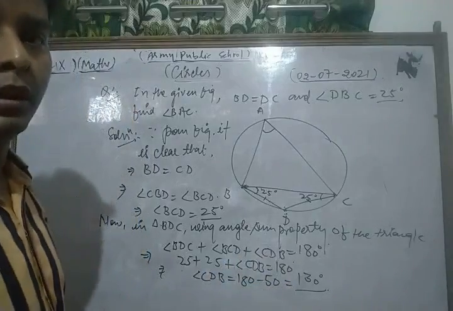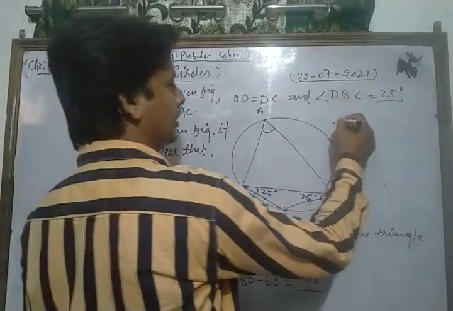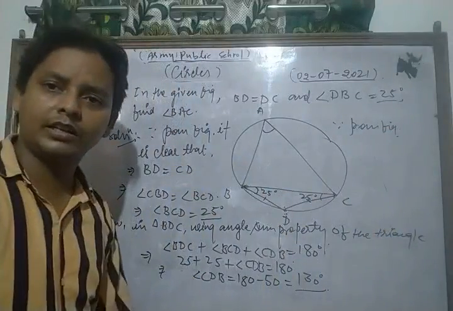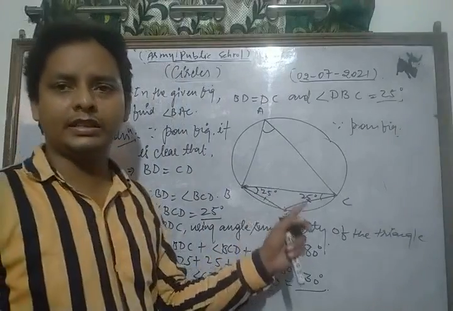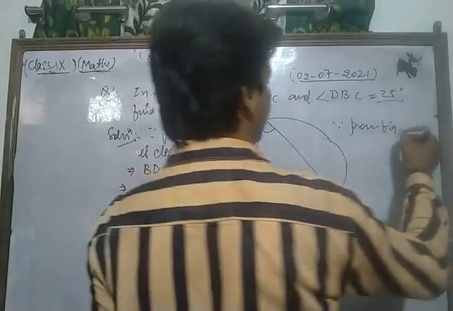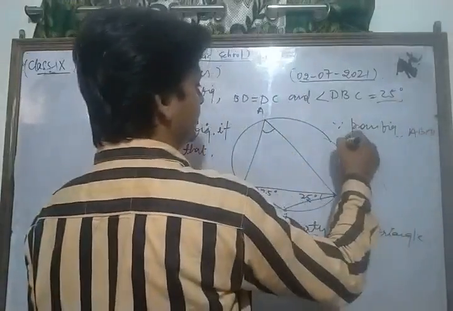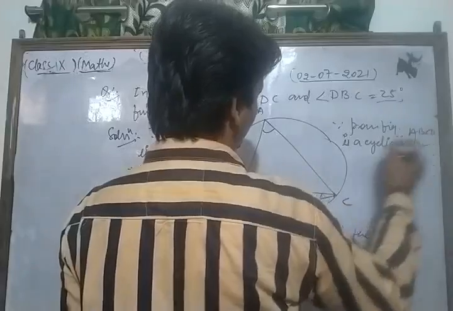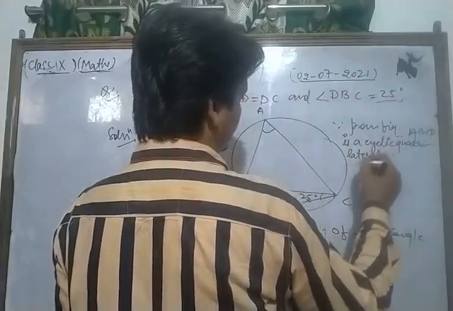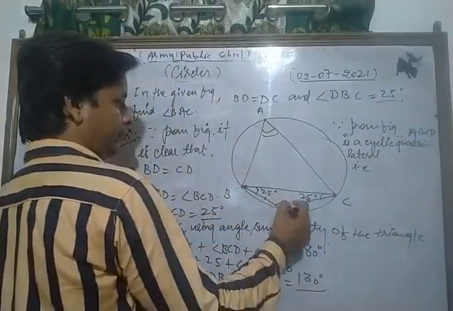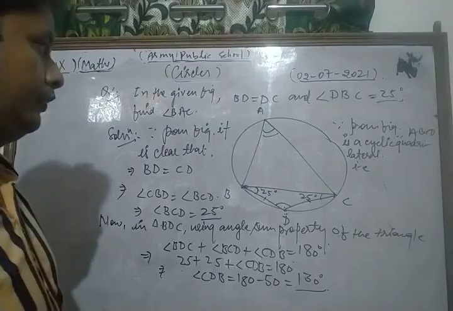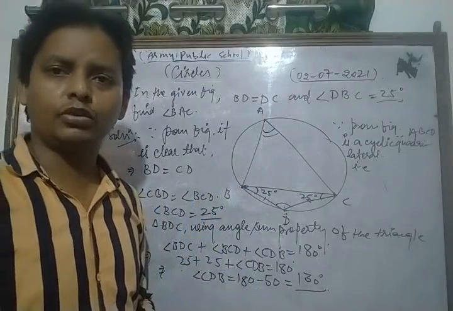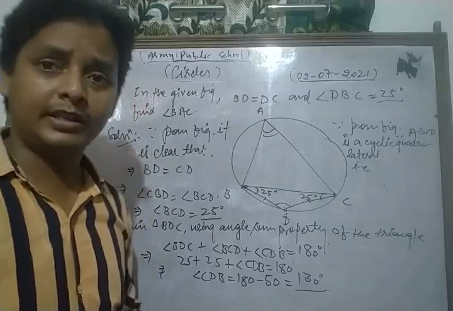Now from the figure, ABCD is a cyclic quadrilateral because all of its vertices lie on the circle. We know that the sum of opposite angles of a cyclic quadrilateral is 180 degrees.